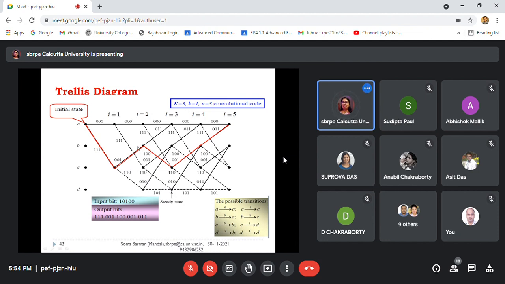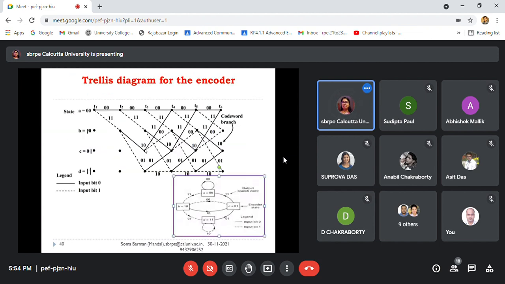Similarly, the next stage. How many transitions are in the next stage? In the first stage you start from 1 node, in the second stage there are 2 nodes, and in the third stage there are 4 nodes. So it is a power of 2 term.